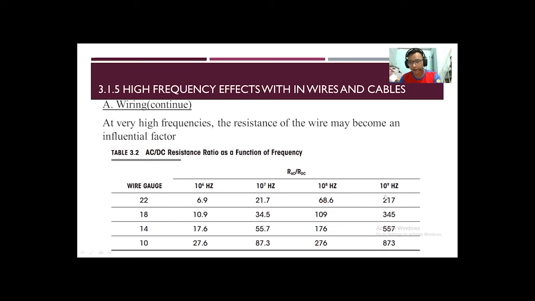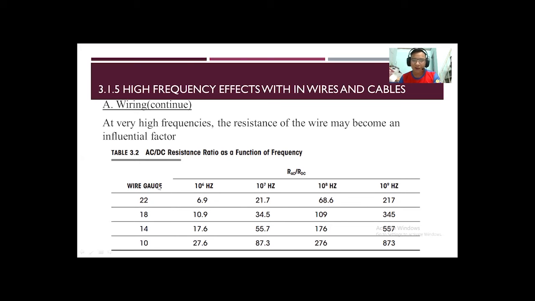It's different. And if the size of the y decreases, meaning it's smaller, the resistance will increase like this.